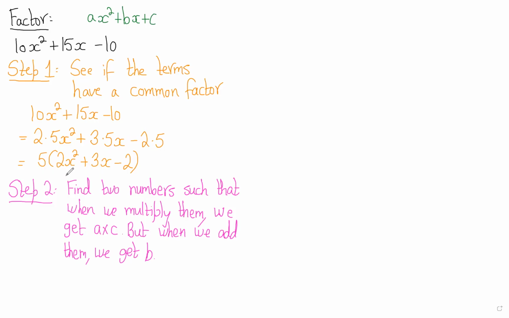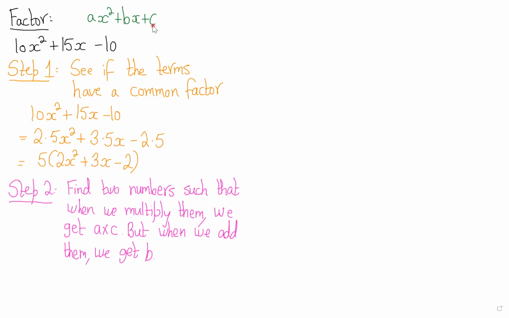Okay, so in this quadratic expression, let me use my pointer here. Let's identify A, B, and C, right? Looking at this, A is the number which is beside x squared. In this case, A is 2. B is the number beside x. In this case, that is 3.